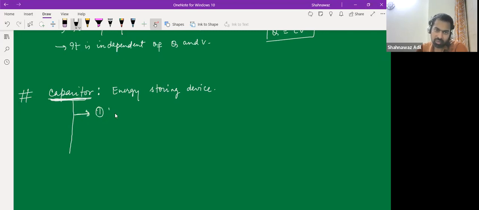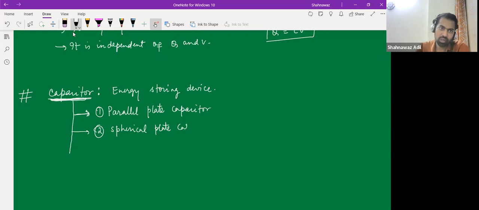One is the parallel plate capacitor, and then we have the spherical plate capacitor, or spherical capacitor, and then we have the cylindrical capacitor.